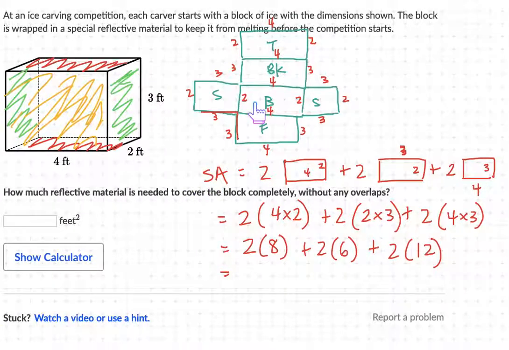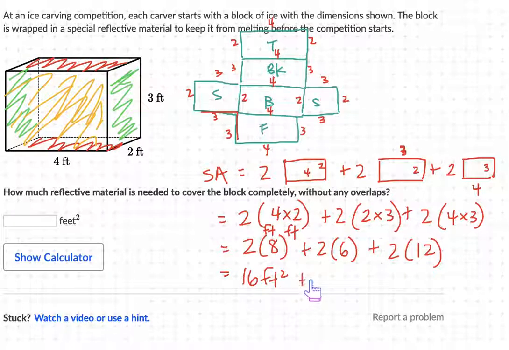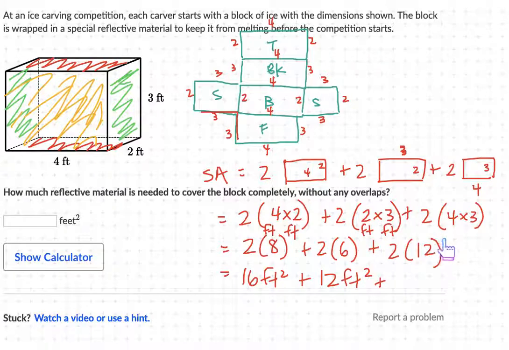All right. So 2 times 8 is 16, and that was 4 feet by 2 feet, so this is going to be 16 feet squared. This is 2 times 6, which is 12. That was 2 feet by 3 feet, so this is 12 feet squared. This is 24. It was 4 feet multiplied by 3 feet, so it's 24 feet squared.